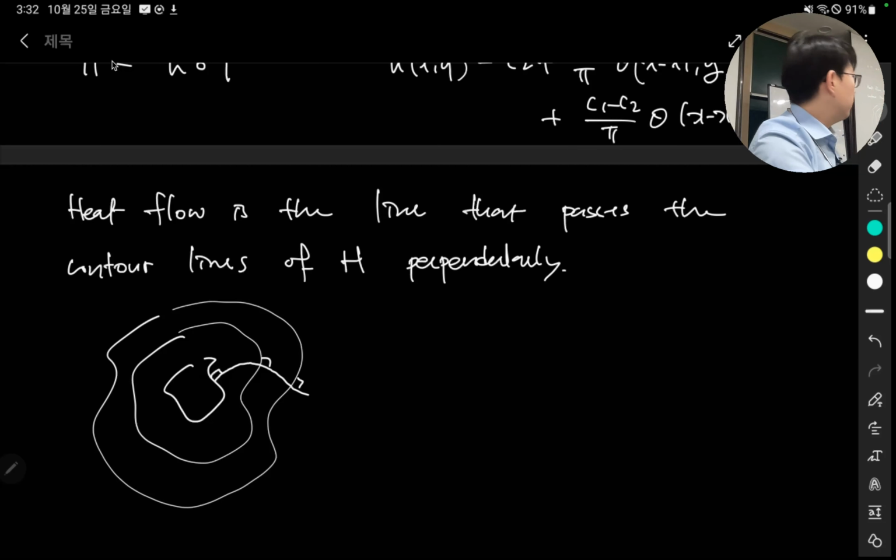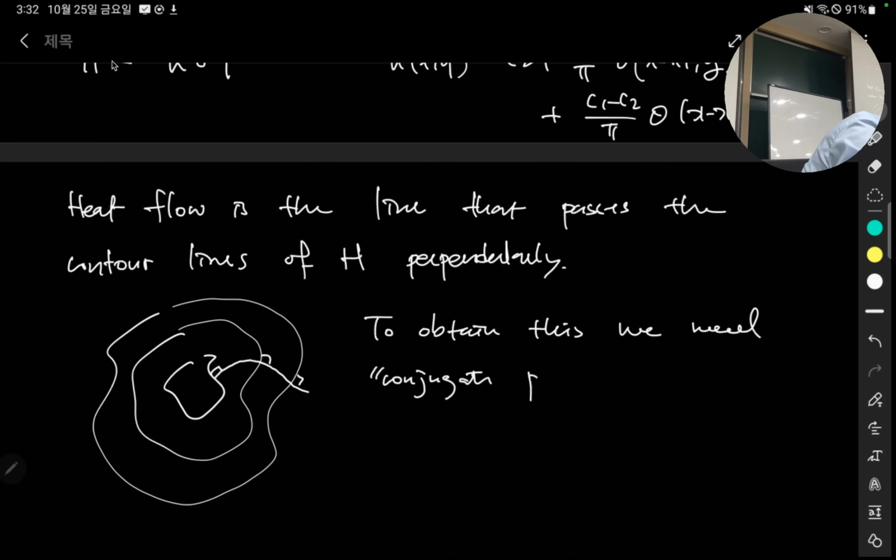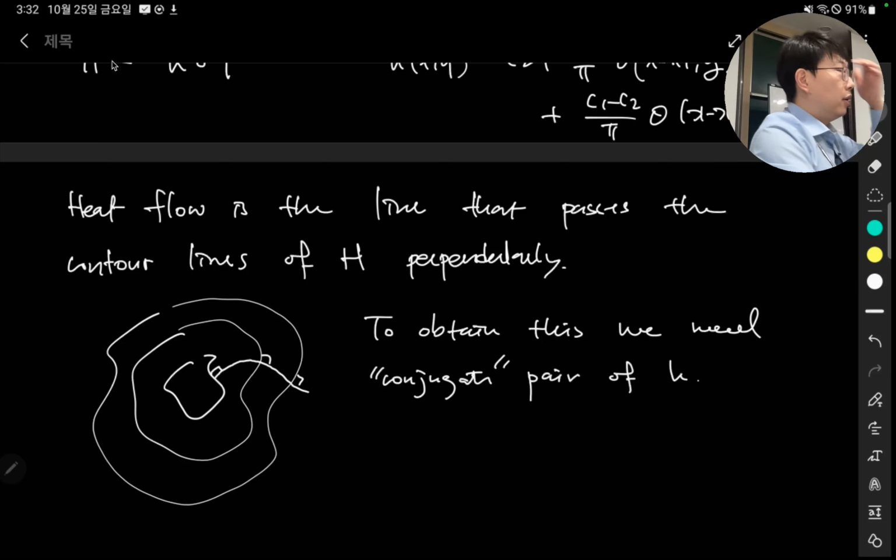You need something counterpart to the small h. To obtain this, we need the conjugate pair of h. So what is a conjugate pair?